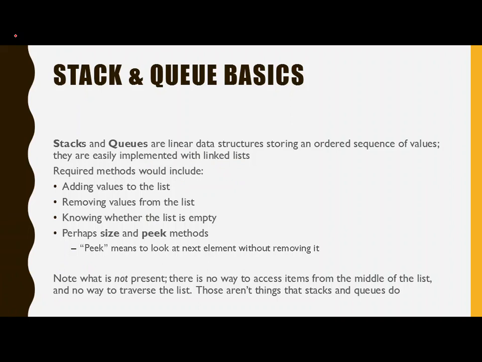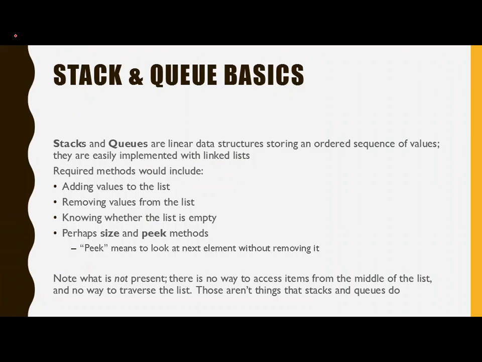So what are the basic things here? Well, these are linear data structures, so they are going to be an ordered sequence. But unlike an array, they are not meant to be accessed randomly. They have a very specific number of things that they can do. In fact, by design, they are very limited in what they can do. So very few methods.